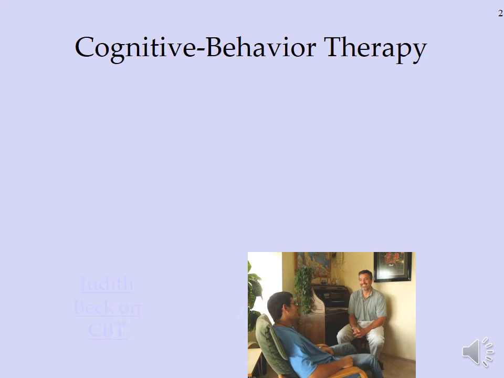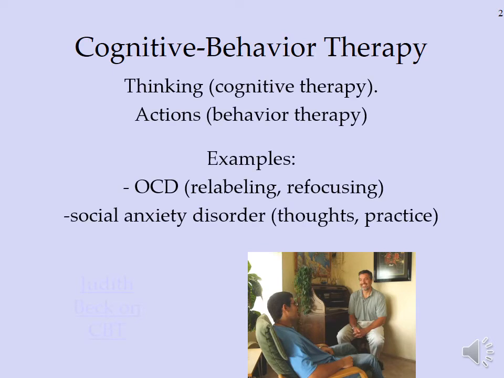So, in cognitive behavior therapy, the therapist works to help the person alter their cognitions, how they process information and think about things. That's the cognitive part, and also helps them to learn new ways of behaving, to engage in new actions, or to decrease maladaptive behaviors. So that's the behavior part.